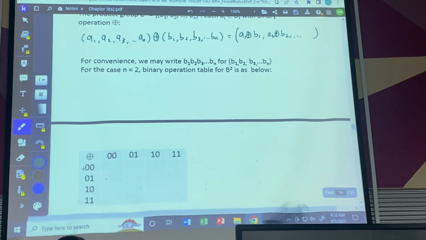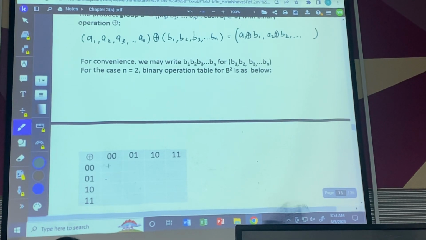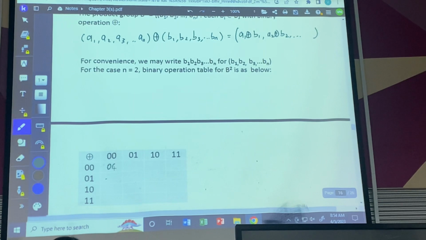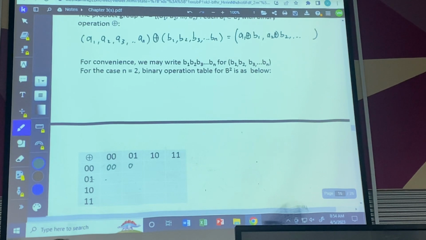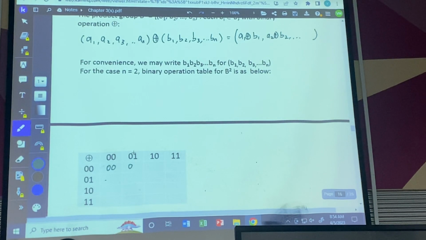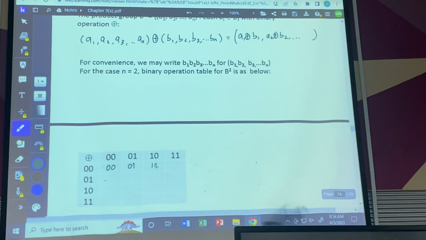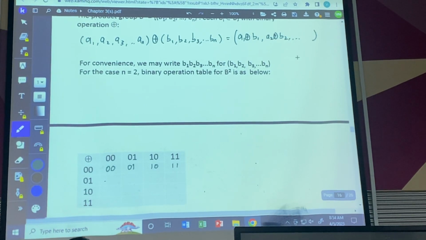So we have 0 exclusive OR 0, we get 0, second element also 0, right? This one, the first element is 0, what is the second element? 1. Okay, this is 1, this is 0, and then this is 1 1. Can you fill in all?